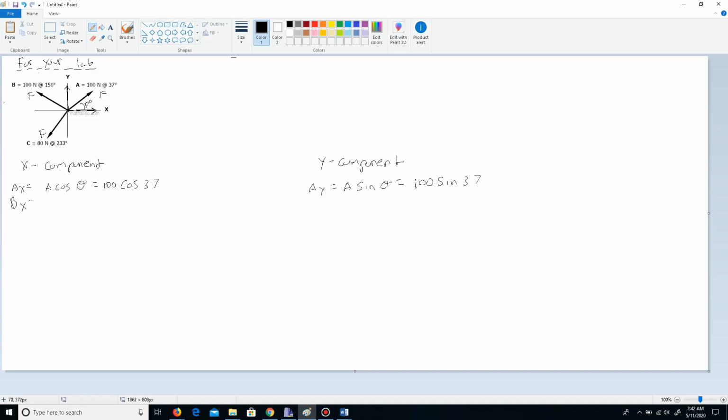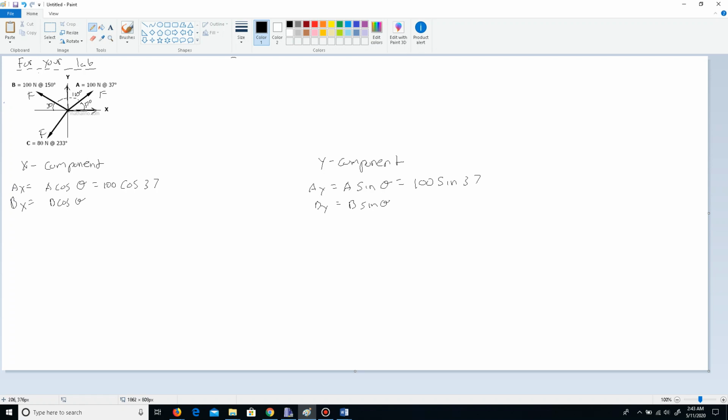B, that's just calculator stuff. B, this is B, so you have 100 newtons, and then 150 degrees this way. But I don't want to put in 150, I'm going to put in 30. If I put in 150, it's fine, but it's easier to think about this as 30, so it's from your x-axis, and you'll get B cosine theta for Bx and B sine theta for By.